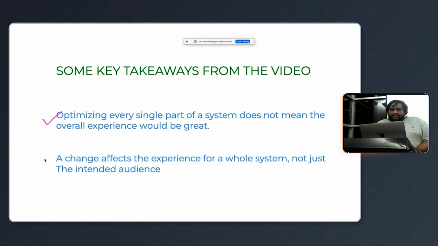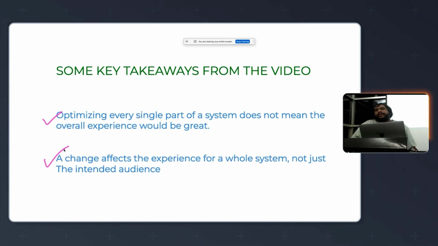Another thing is, if you make a change, that change, as you said, affects the experience for the whole system. As you said about the hospital, if you make a change, say, how the triage is done. Now, the triage process, when someone comes in and you take the patient in, you admit that patient.